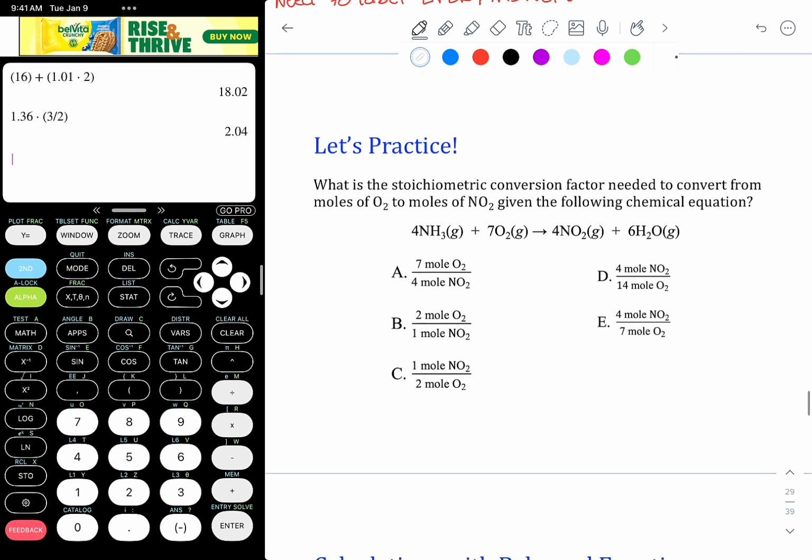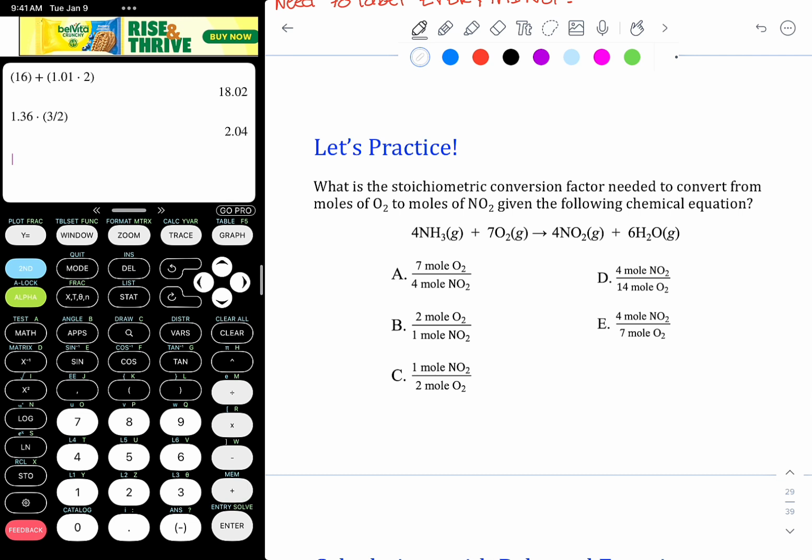Okay, so let's take this stepwise now. What is the stoichiometric conversion factor needed to convert from moles of O2 to moles of NO2 given the following chemical equation?